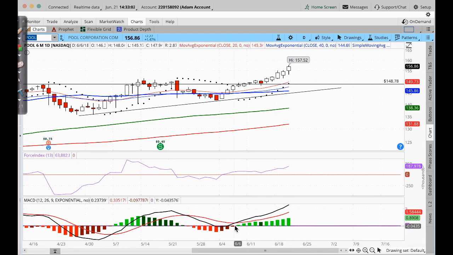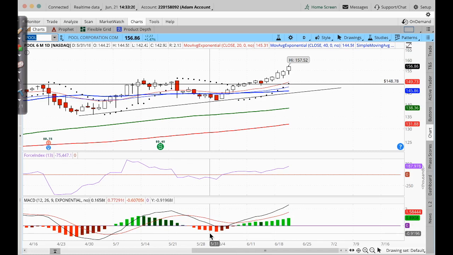It means that the momentum is bullish, right? Now, when the MACD line crosses below the signal line, you see these red bars. That means momentum is bearish, okay?